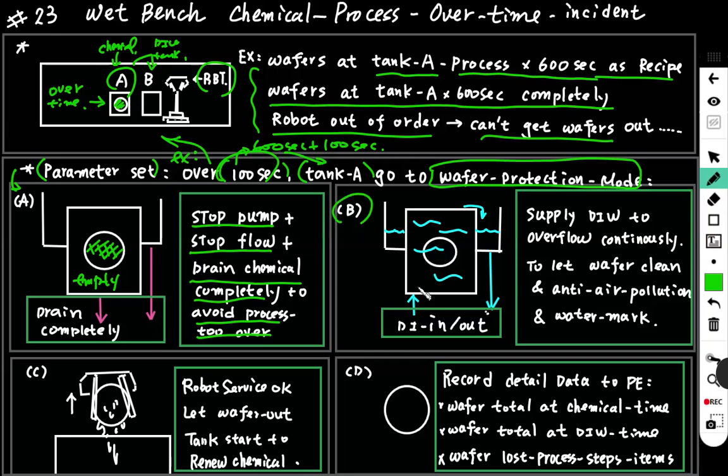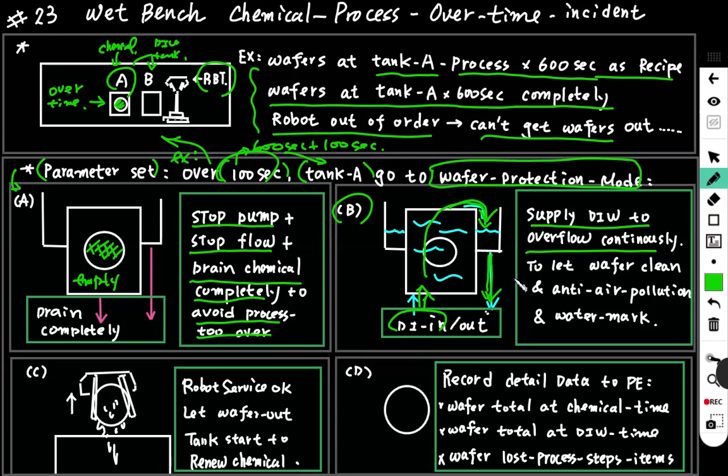And step B, we supply DI water to overflow continuously. Use the DI water to overflow to our tank and drain, and keep supplying DI water to overflow to our tank and to drain.